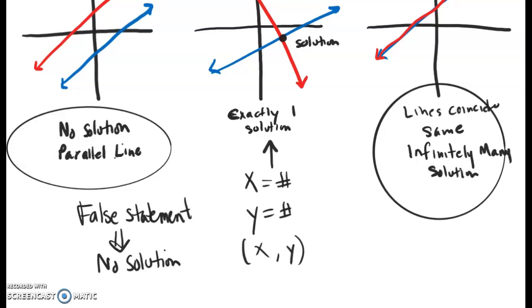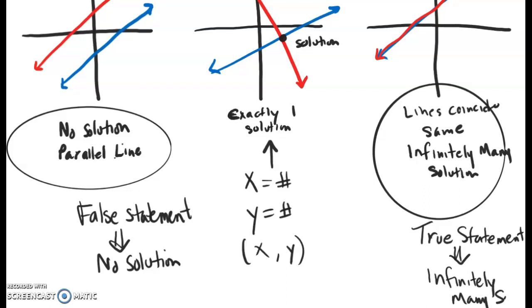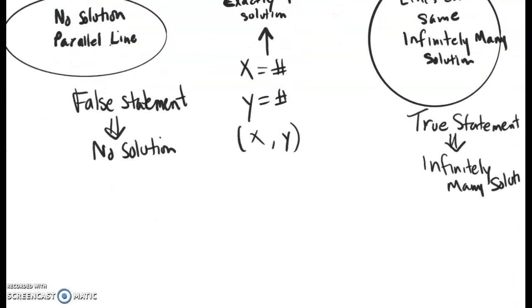And on the other hand, it's possible that you don't end up with x equals a number, y equals a number, and you don't end up with a false statement, but you end up with a true statement. Maybe it says 0 equals 0, 4 equals 4. That's a true statement. If that's the case, then you're going to answer that there's infinitely many solutions. And let's take a quick example of this. Let's say that we had this problem.